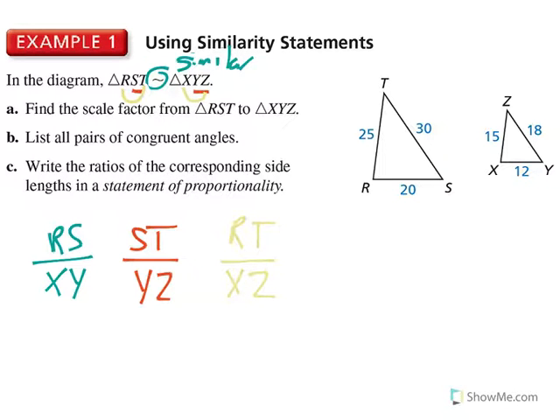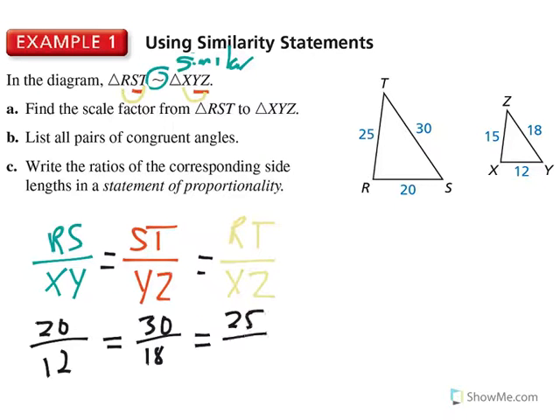Since it's telling me that these are similar, all those sides should be proportional to each other if they are indeed similar figures. So if I plug them in, RS is 20, so I have 20 over XY, which is 12. ST, I have 30 over YZ, 18. RT is 25 over XZ of 15.